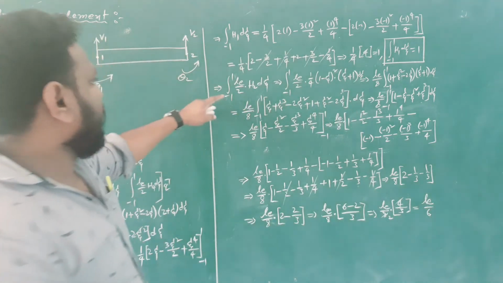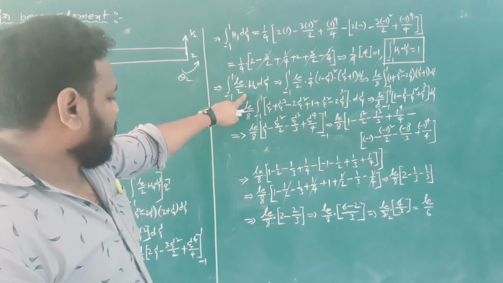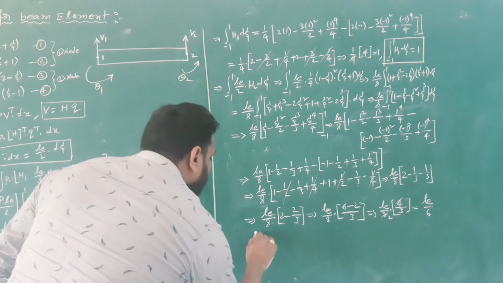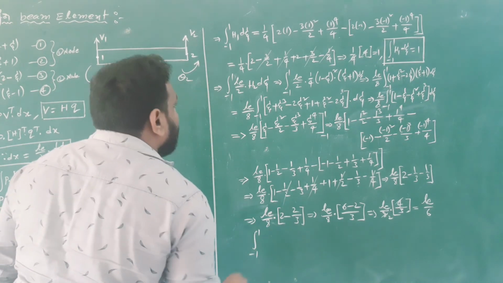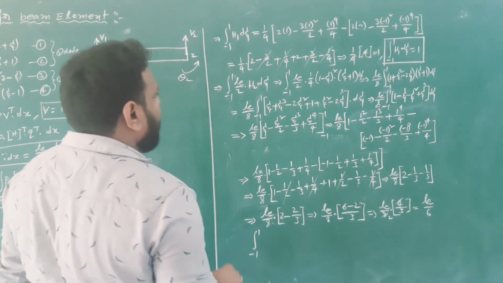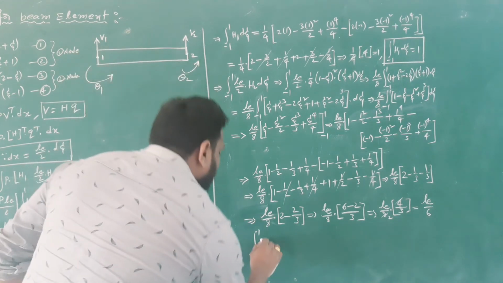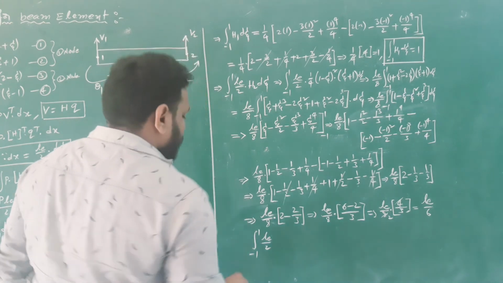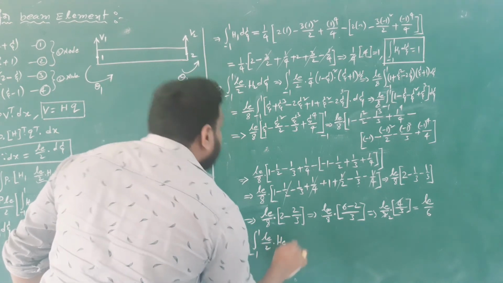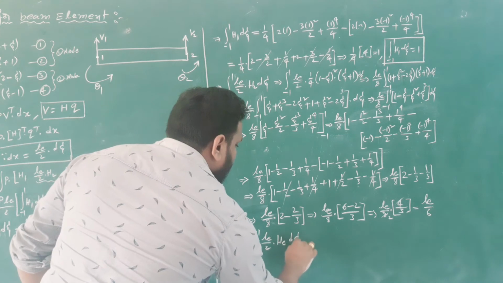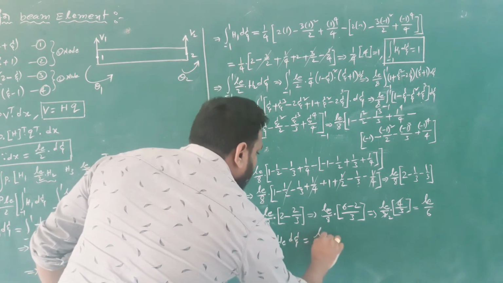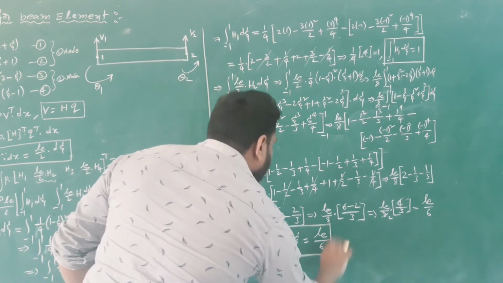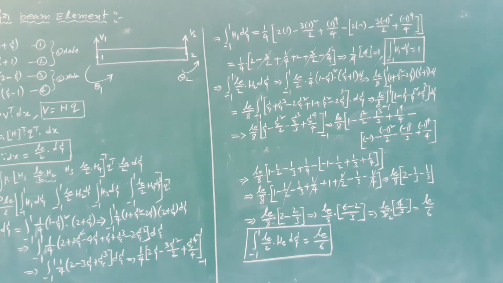Finally we got LE by 6. So I will write here: the integral from minus 1 to 1 of LE by 2 into HE into dz is equal to LE by 6. This is the second term. We got the second term.